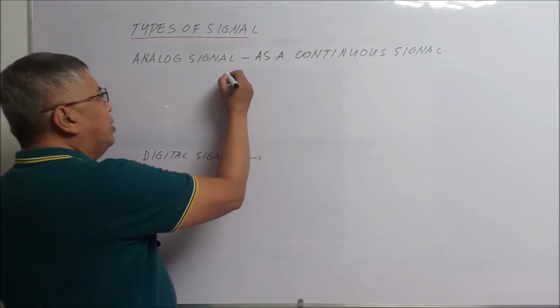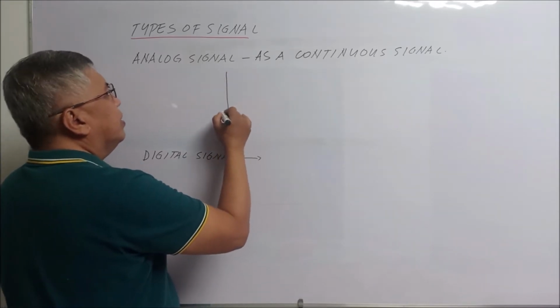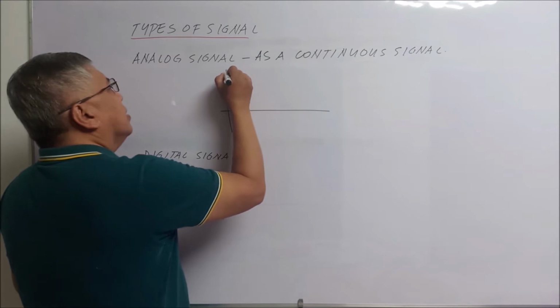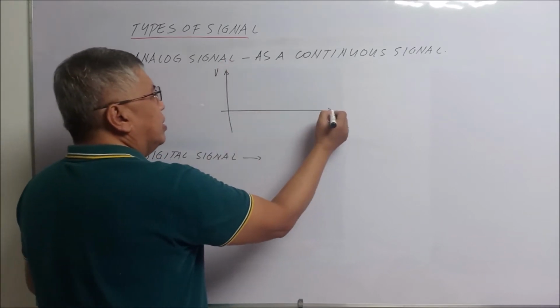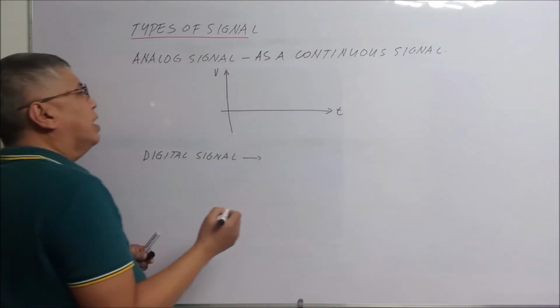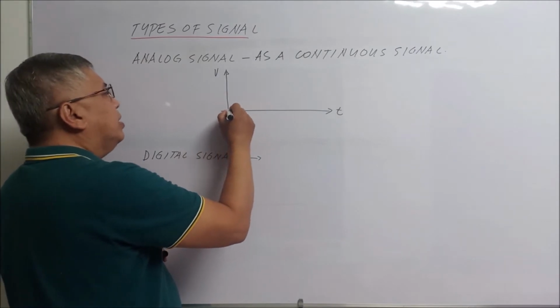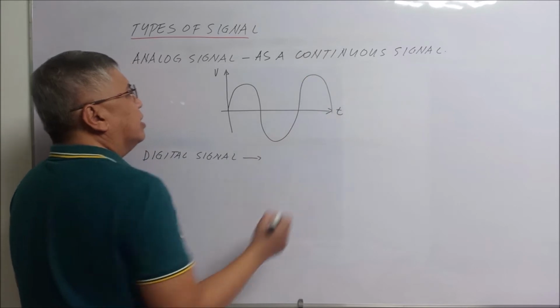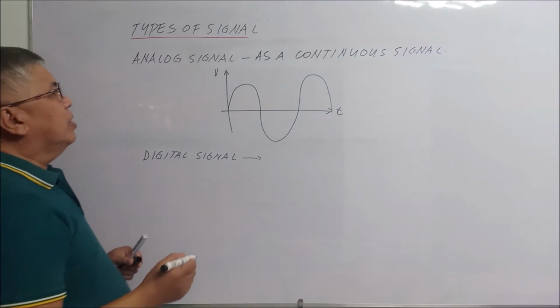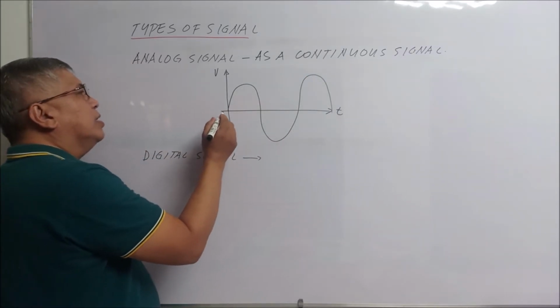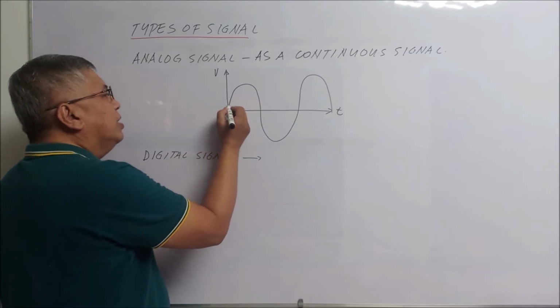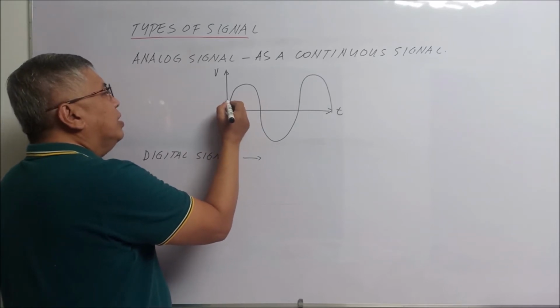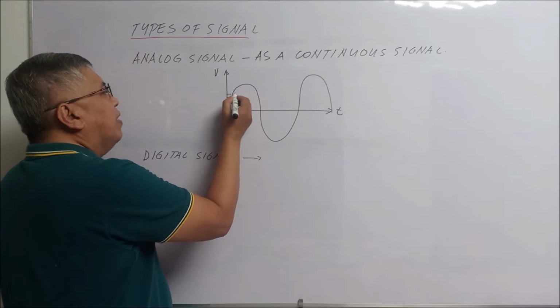An example of which is this one. We have here a voltage, for example, and this one here is your time. This is what we call an analog signal. If you notice, the analog signal continuously changes its value.